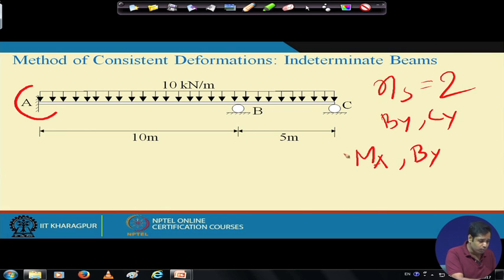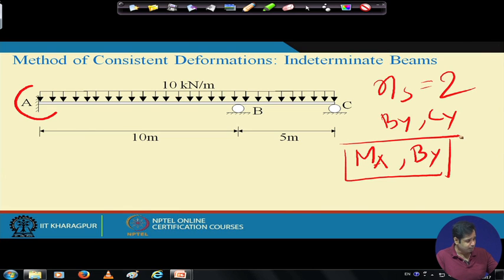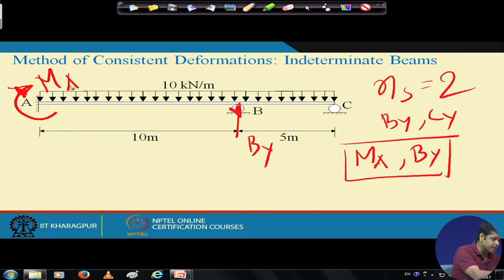What we do is we go with this choice. Okay. We will take the moment at A and the support reaction at B, so this is By and this is Ma, we will take these two as redundant. Okay.